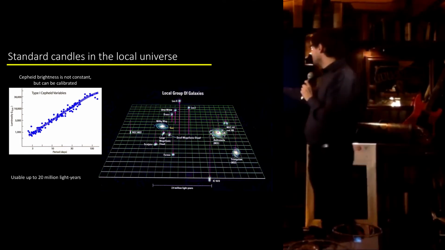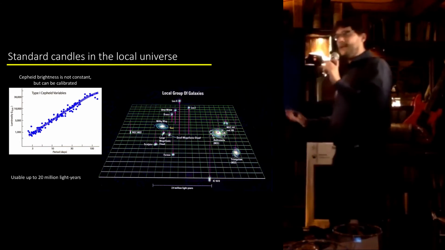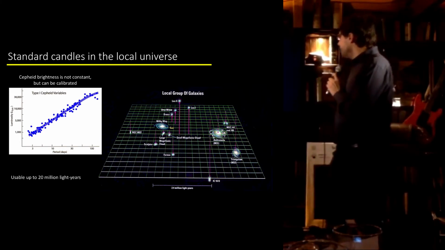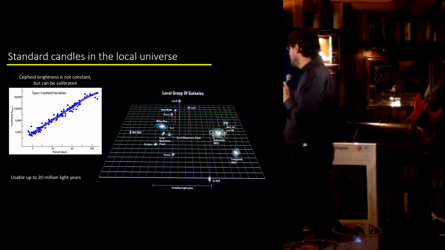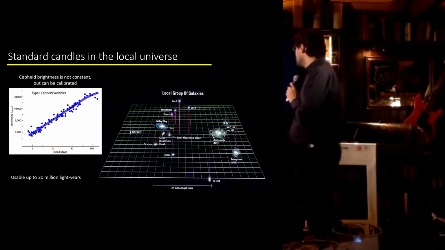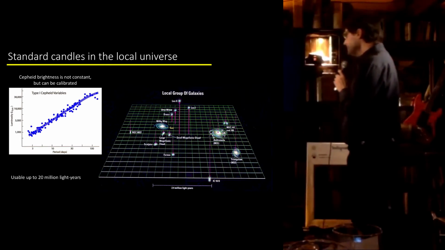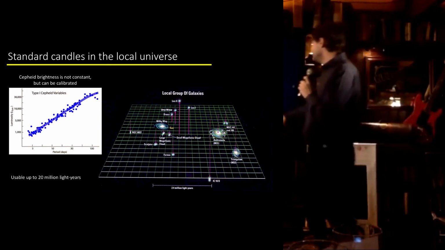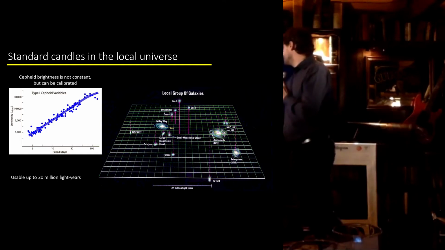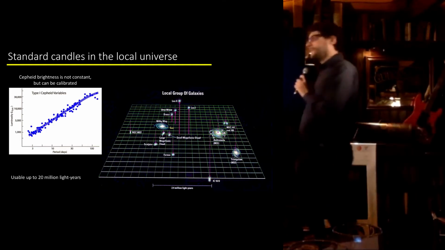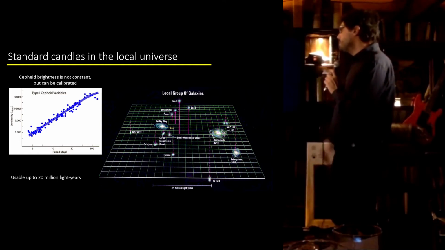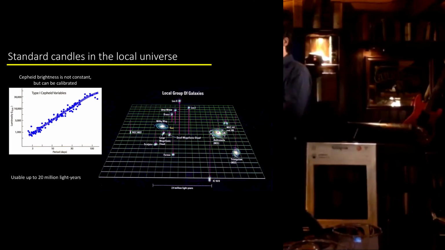And the other big galaxy here is Andromeda, the kind of twin to the Milky Way. They all sit in this local group with tiny galaxies. And you have here the Magellanic Clouds very near the Milky Way. This spans about 3 million light years, and the distance over which you can use Cepheids is about 20 million light years.